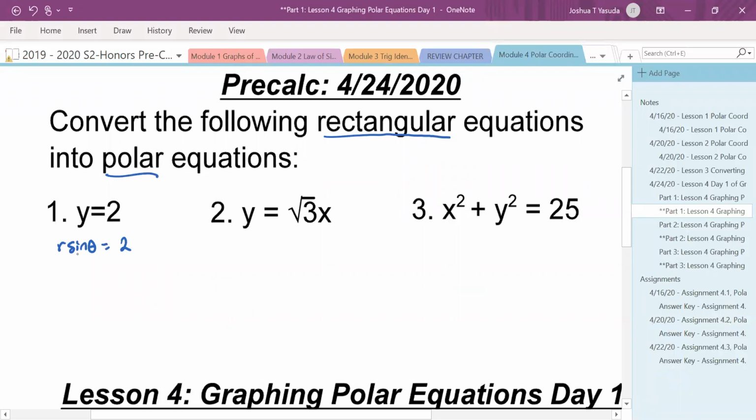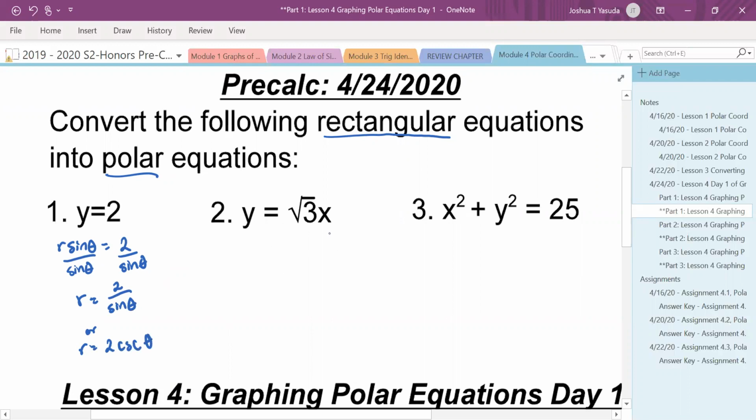And then the goal is to get r by itself. So we'll divide by sine. And when you divide by sine, you could say r equals 2 over sine of theta, or you could even go r equals 2 cosecant of theta.